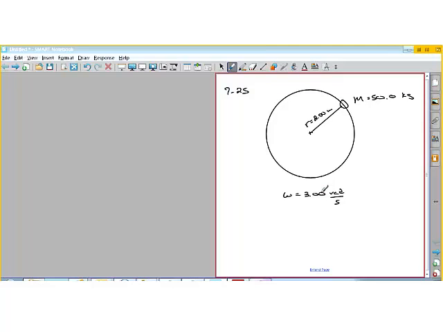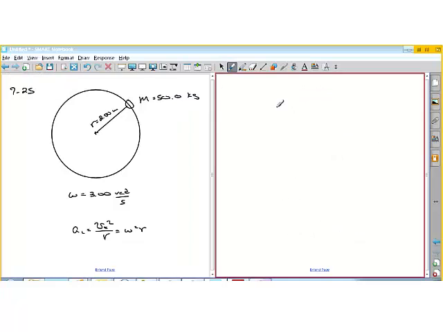What's the child's centripetal acceleration? We have two forms: V tangential squared over R, and omega squared R. This one makes most sense to use because omega is what we have. The units are correct in radians per second, not revolutions per minute, so that works out great. The centripetal acceleration is not dependent upon the mass. The centripetal force is dependent upon the mass.